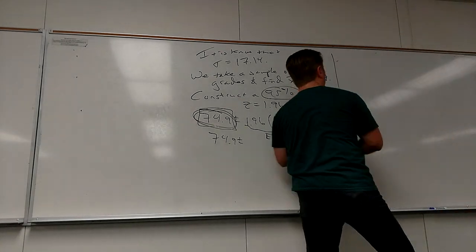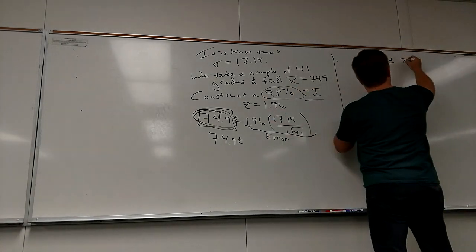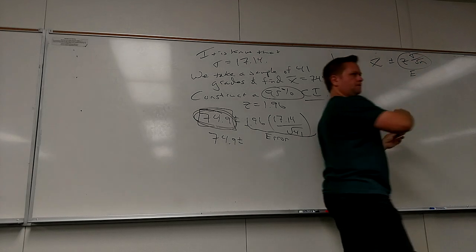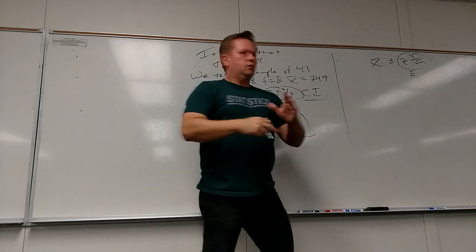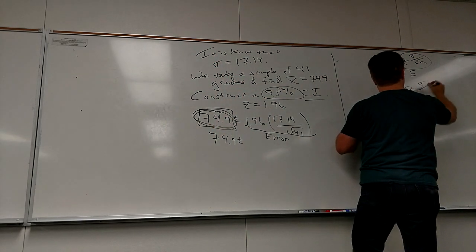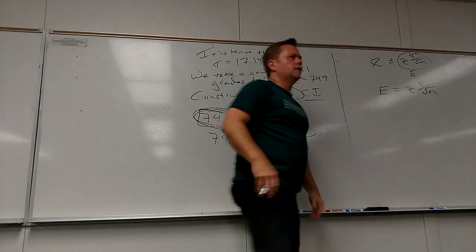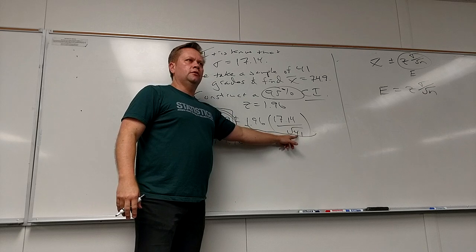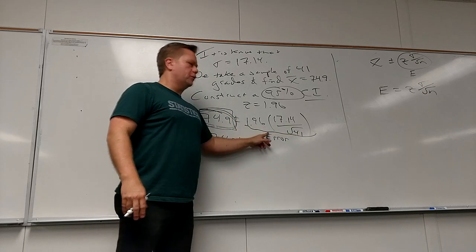So this formula, this piece of this formula is the error, right? So the error is this. If I took a larger sample, what would happen to the error?